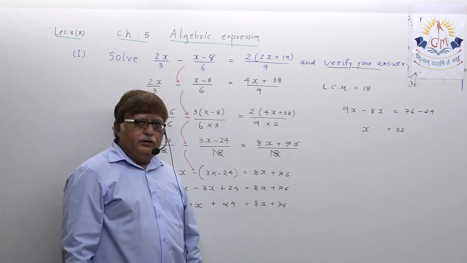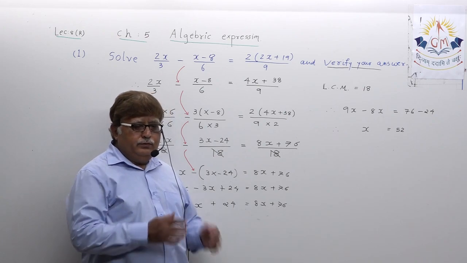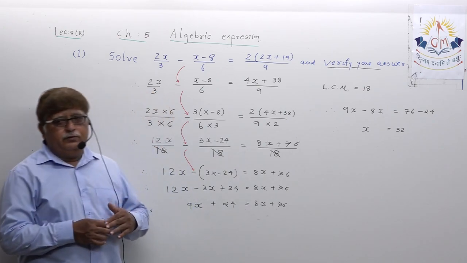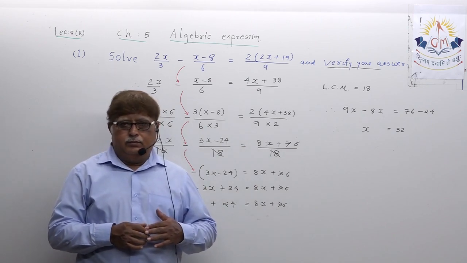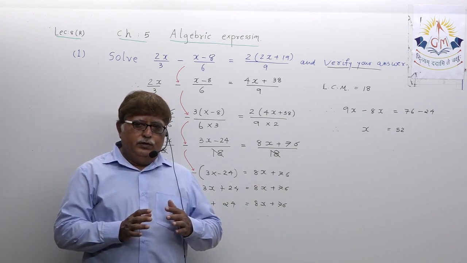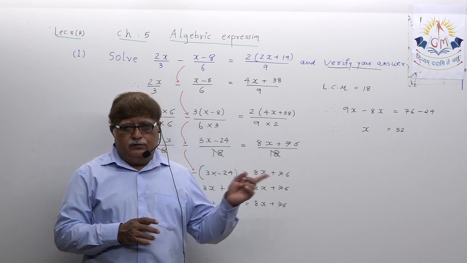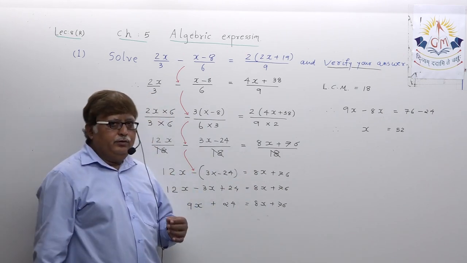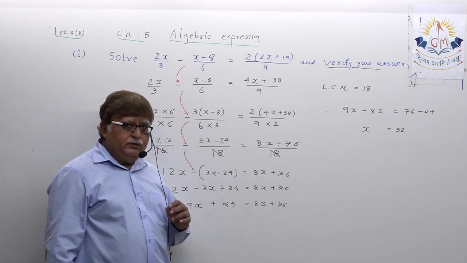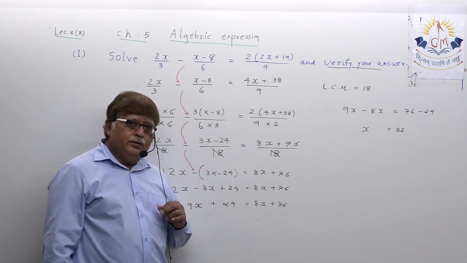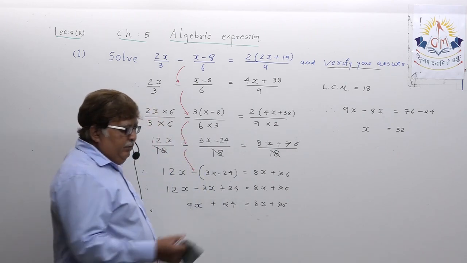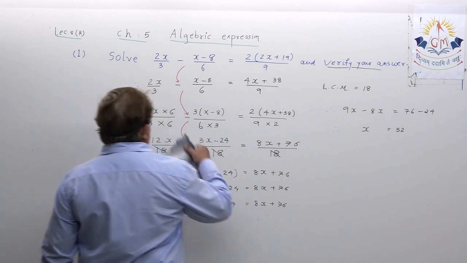Now it's a question of verify your answer. What does it mean? Verify your answer. The answer we got: x equal to 52. What is actually the meaning of verification? Let me explain it to you.